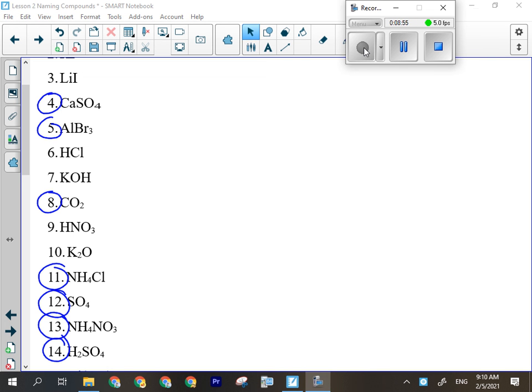All right, so for number 4, we've got calcium and we've got sulfate. Ionic or molecular? It's ionic. Calcium's a metal. So we follow the ionic naming rules, and we simply write the metal and then the non-metal, in this case sulfate, a polyatomic ion, so this is just going to be calcium sulfate.